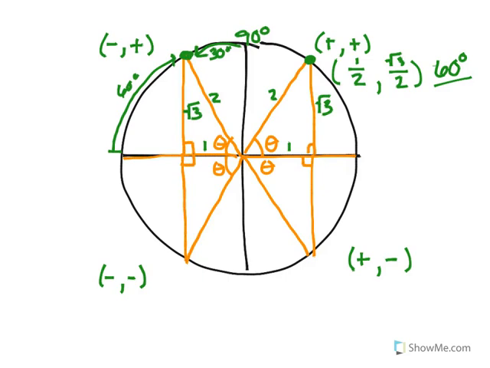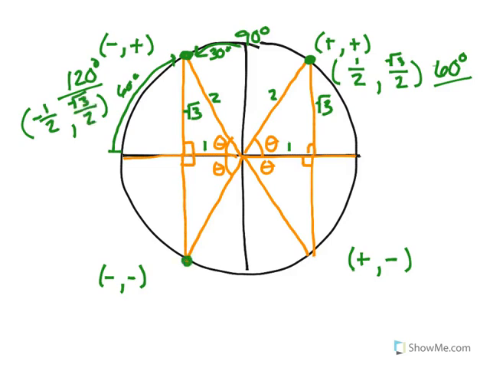So 90 and 30 is 120. The coordinate for that, and I'm sorry I don't have enough space at the top, I'm just going to do this over here, is going to be the same exact values as the first quadrant, but with different signs. So the 1/2 that we got is now negative, and our root 3 over 2 is still the same.